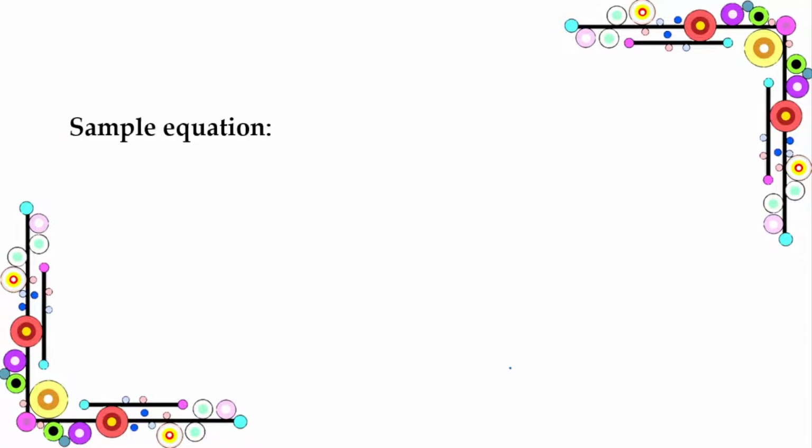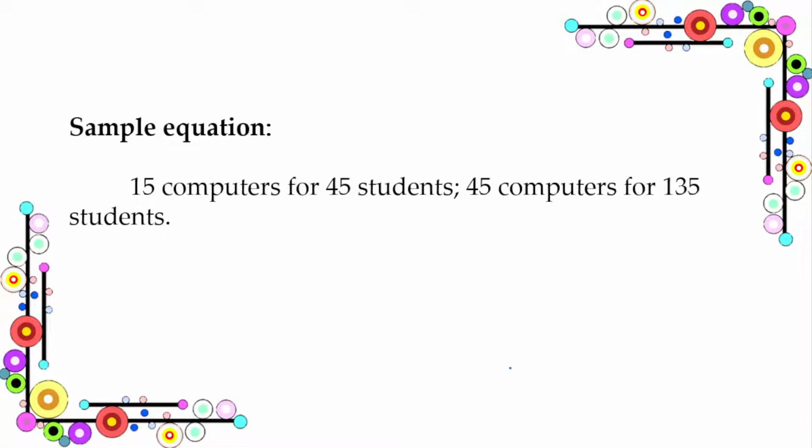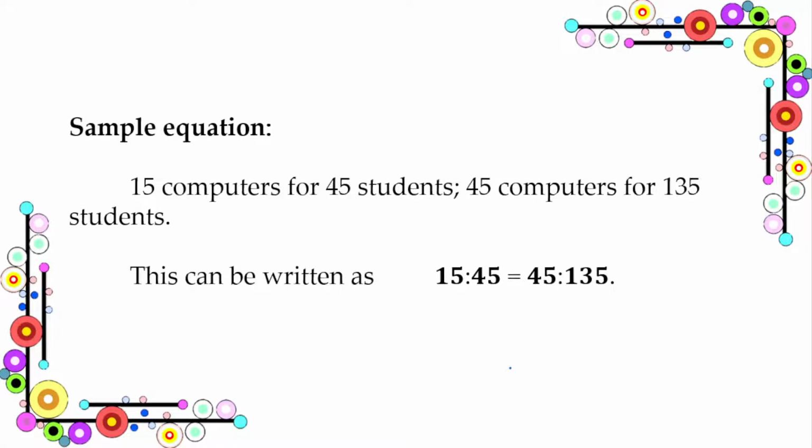Now, let's have the sample equation. 15 computers for 45 students. 45 computers for 135 students. Okay? So, this can be written as 50 is to 45 equals 45 is to 135. Okay? Pwede nyo rin po isulat siya as 50 over 45 equals 45 over 135.